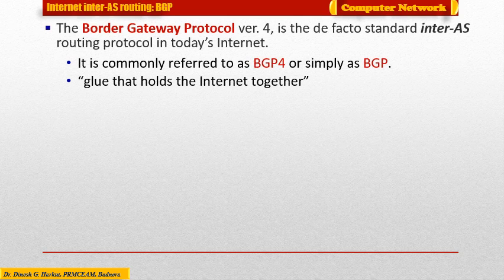Let us now examine how paths are determined for source-destination pairs that span multiple autonomous systems. The Border Gateway Protocol version 4 is the de facto standard inter-AS routing protocol in today's internet. It is commonly referred to as BGP4 or simply BGP.